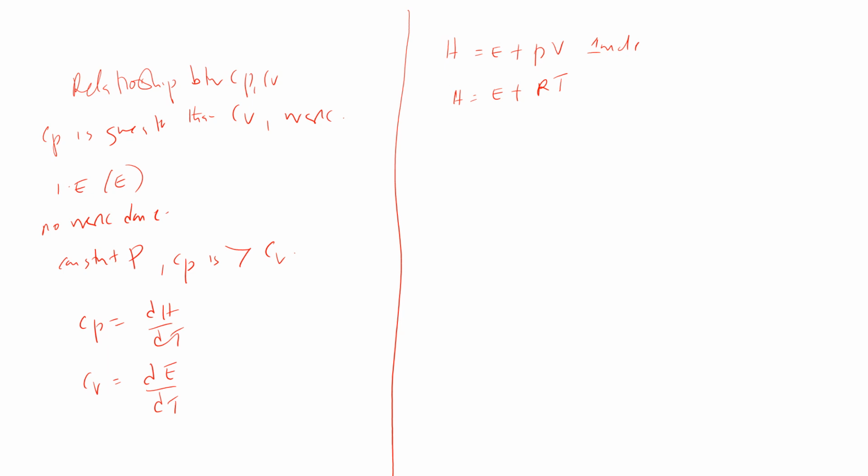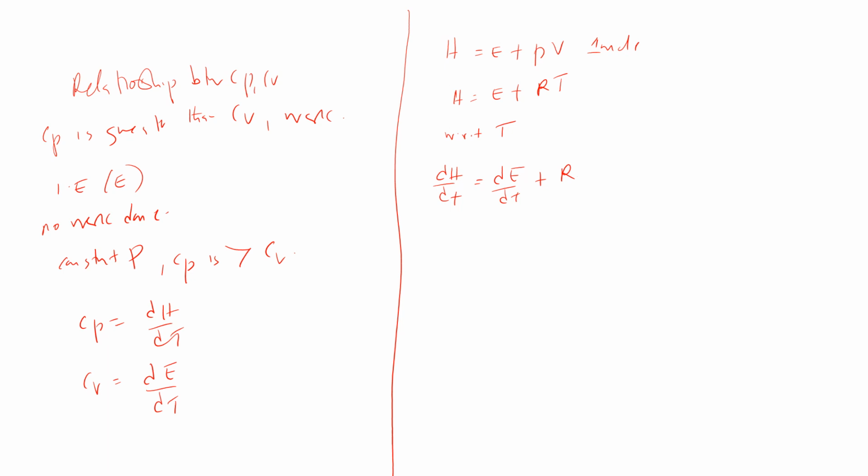We differentiate this with respect to temperature, and so we get dH/dT equal to dE/dT plus R, because dT cancels out and it gives us R.